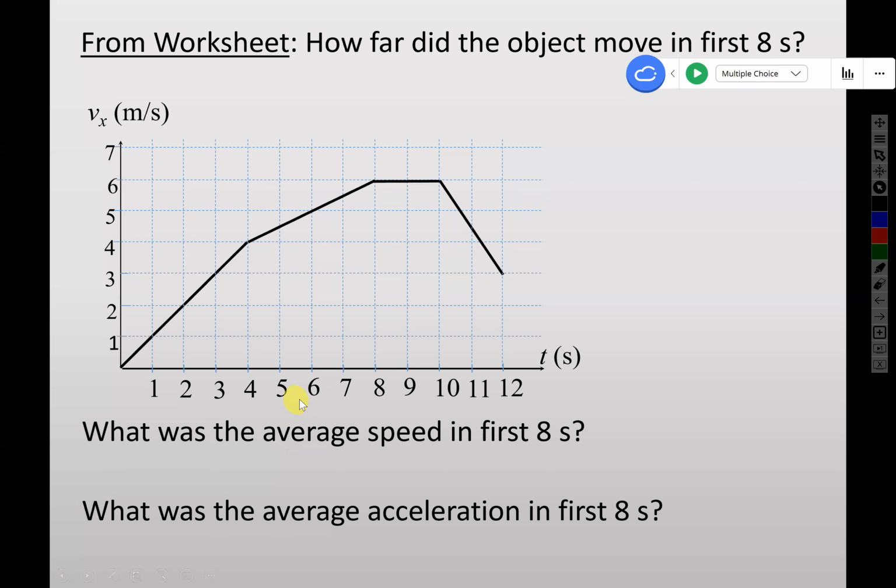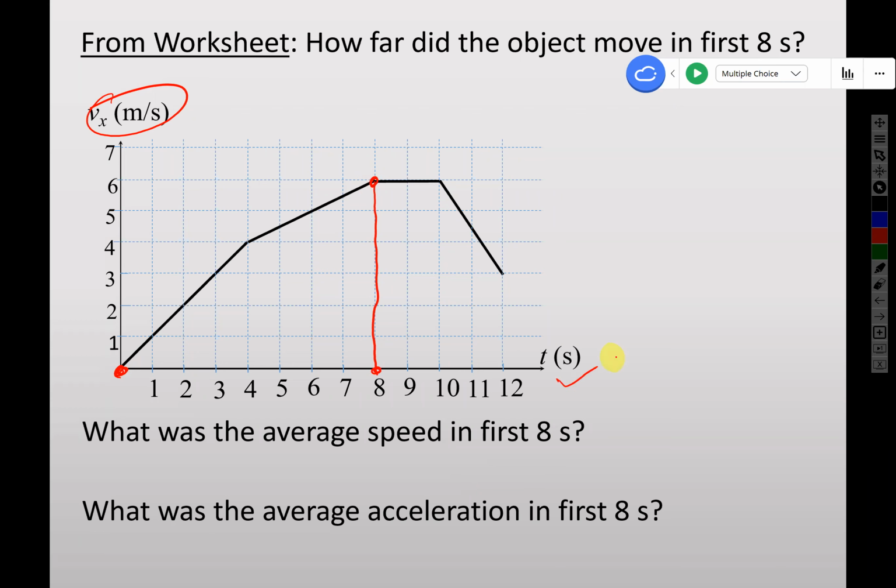Now, this question is from the worksheet, exactly the same. What was the average speed in the past 8 seconds? Past 8 seconds means you start from 0 and go to 8. So we want to find average speed. How do we do that? This is velocity, right?